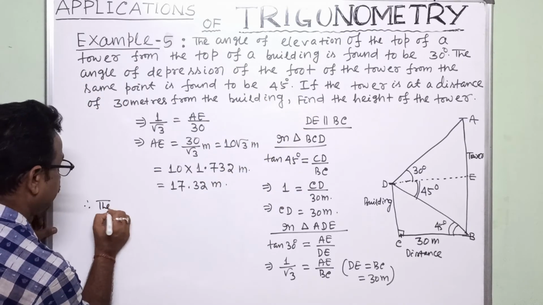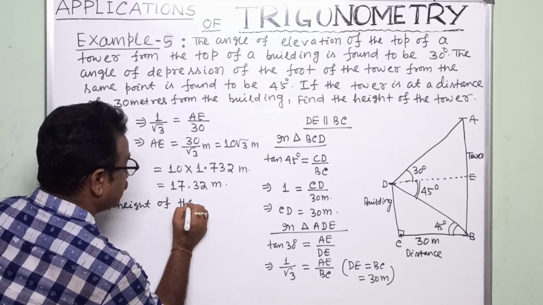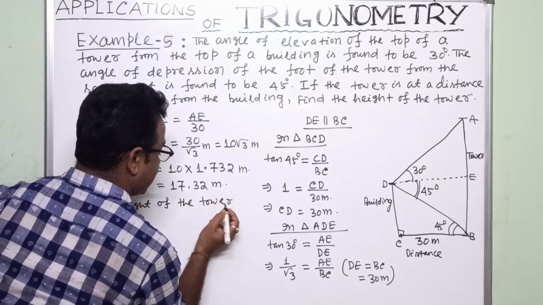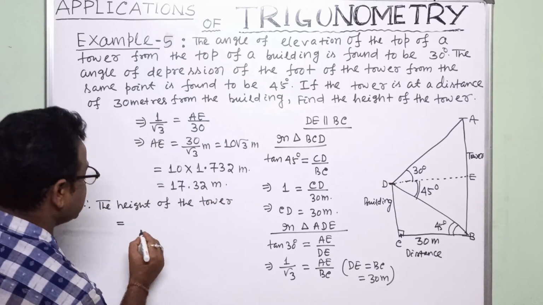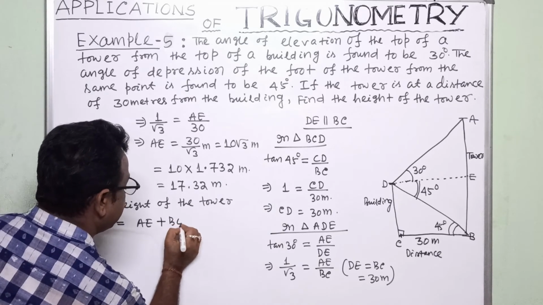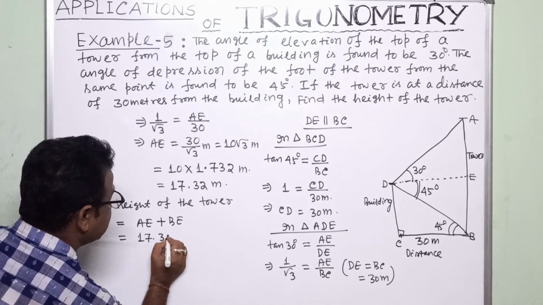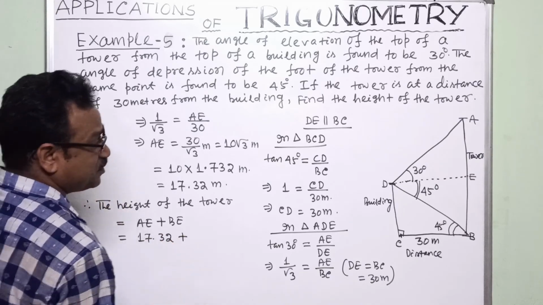We have to find out the height of the tower. Therefore, the height of the tower is equal to AE plus BE. AE is 17.32 plus BE.